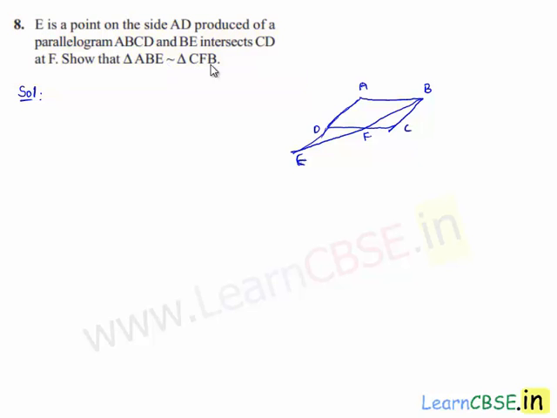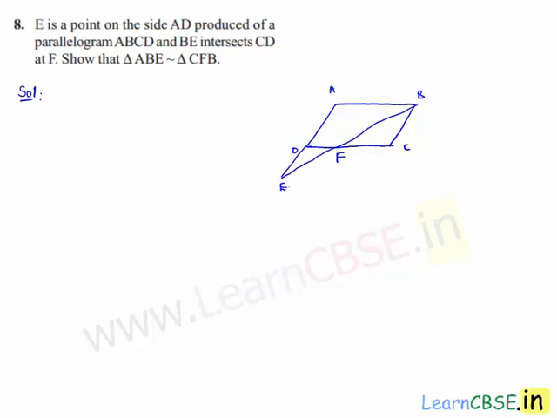So here we are asked to prove the similarity of triangle ABE and triangle CFB. Now, as we are asked to prove the similarity between triangle ABE and triangle CFB, let us consider both the triangles.